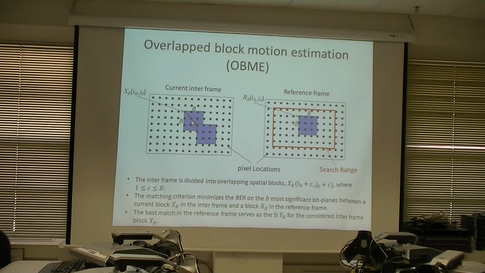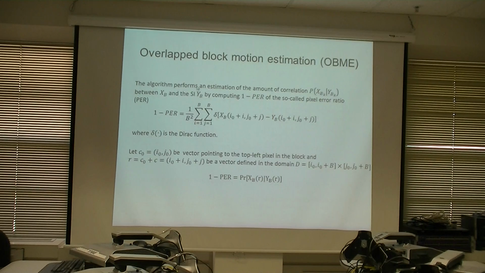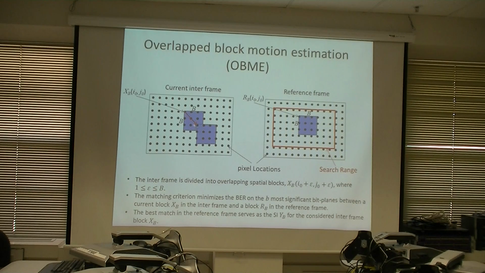Yeah, I know what you mean, but here I only show one block in the interframe. If I choose another block, this block shifted to the left side by 1 pixel, and we also use this same epsilon, so we can get the overlap block like this. The second block is shifted to the left side.